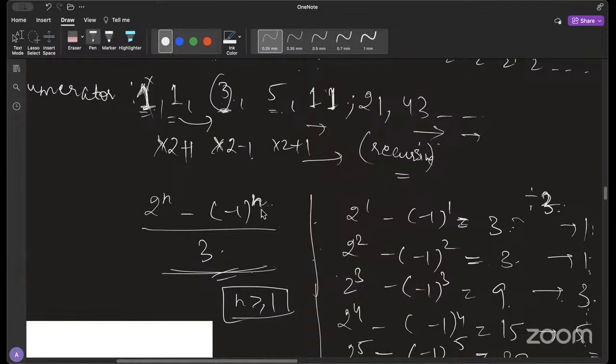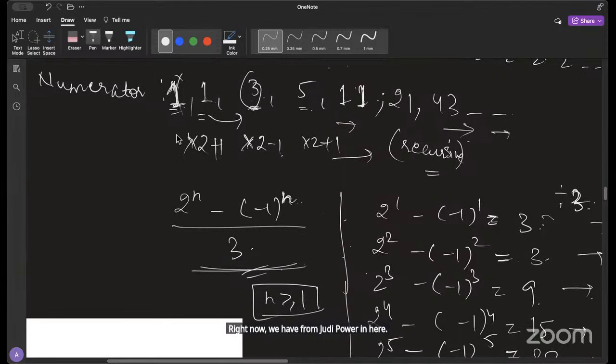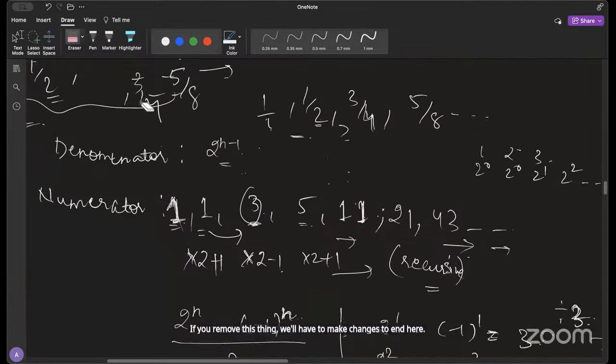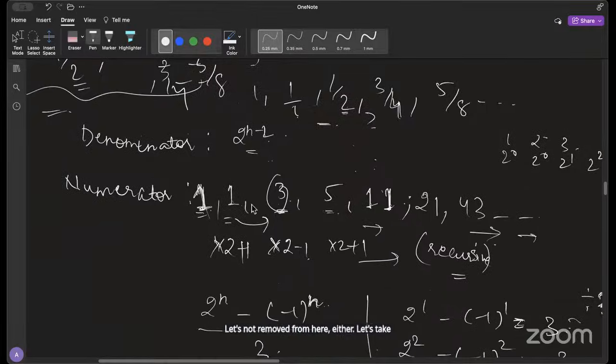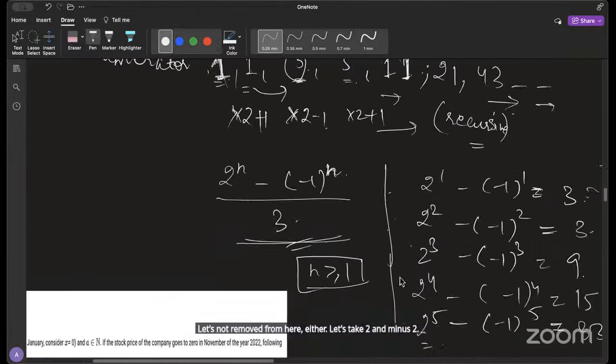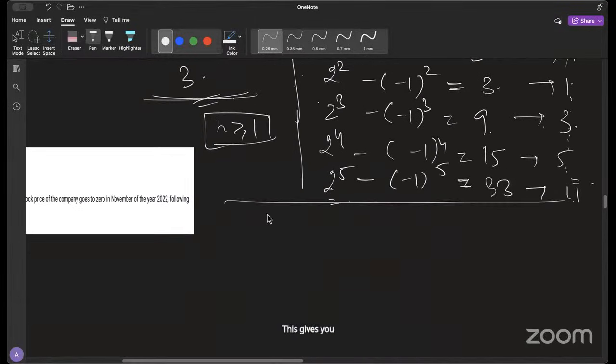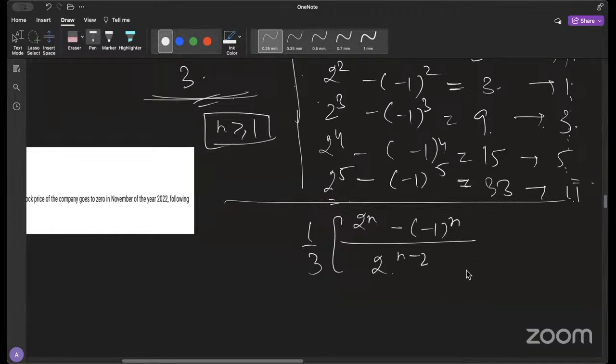Right now we have 2 to the power n here. If we remove this thing, we'll have to make changes to n here. Let's not remove this here. Let's not remove from here either. Let's take 2n minus 2. This gives you minus 1 to the power n, where you'll have 1 by 3, 2n minus 2.